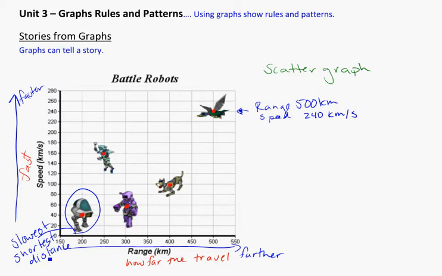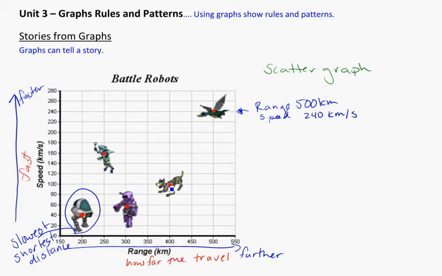So besides the bird robot, who can travel the next farthest distance? Well, if we think about that, the bird robot is all the way out here. So we just start moving back along the range axis. We'll notice the next one we come across is the dog robot. So the dog robot can actually travel a distance of 400 kilometers. And that is the next largest next to the bird robot here at 500 kilometers.